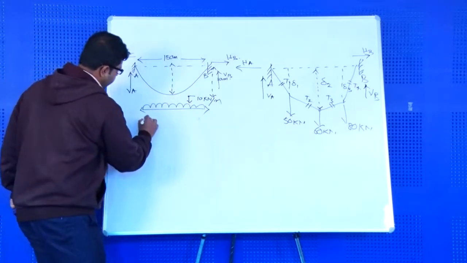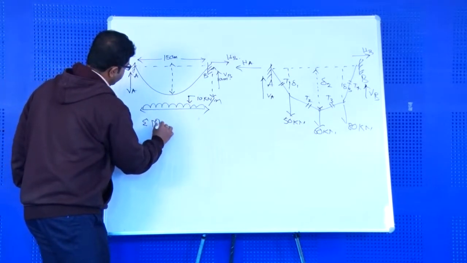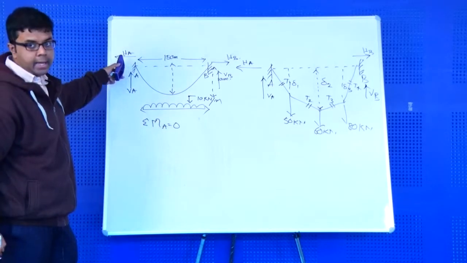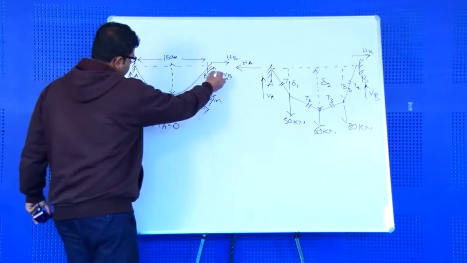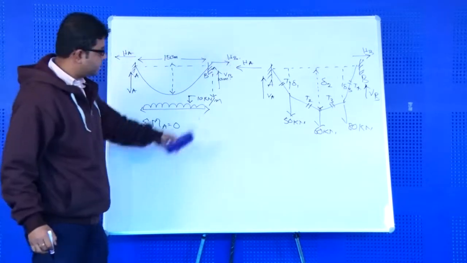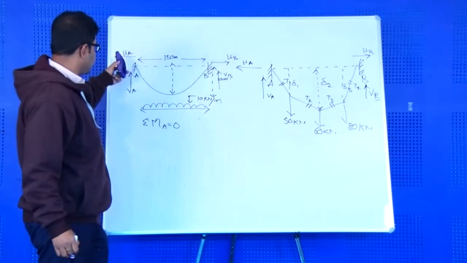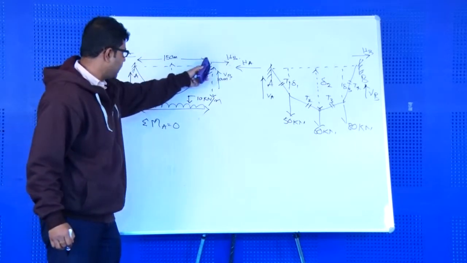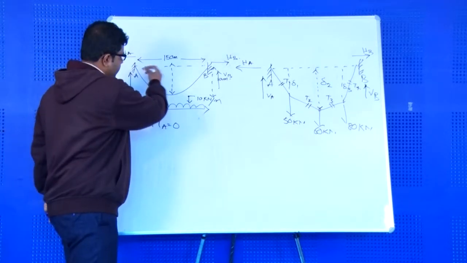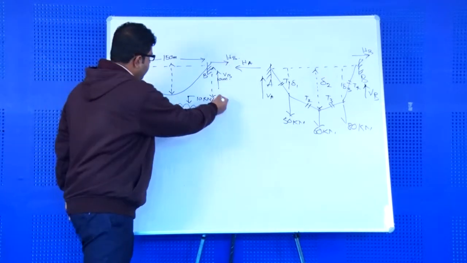First, let us take moment about A equal to 0. HB and HA will not come into action because they pass through the line of action of point A. The force which will come into action is VB.